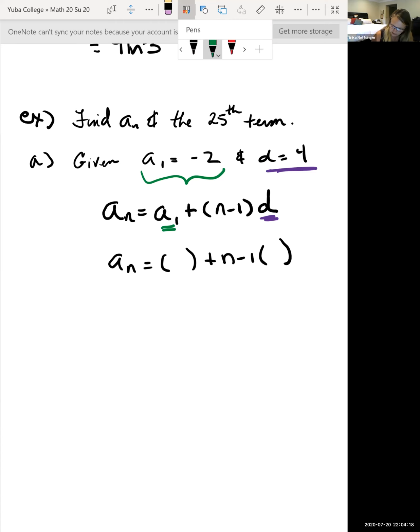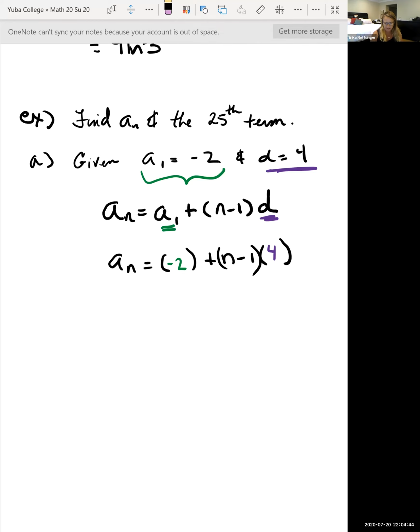So a sub n equals -2 plus n minus 1 times d, and d in this case is 4. Make sure you have parentheses around the n minus 1.